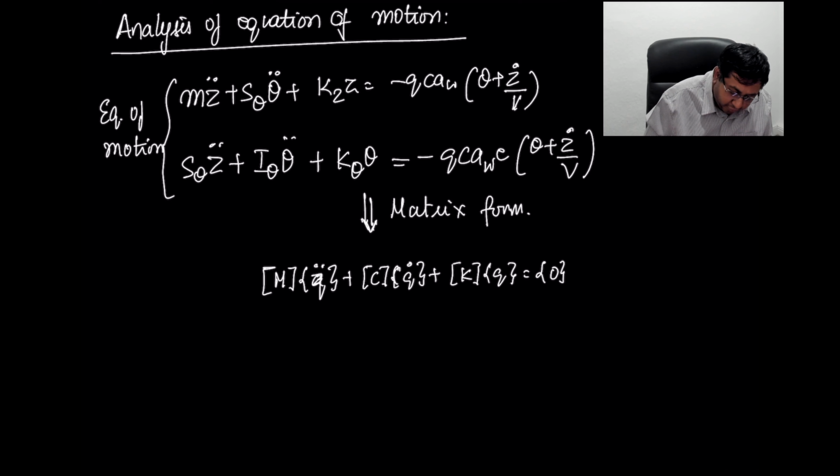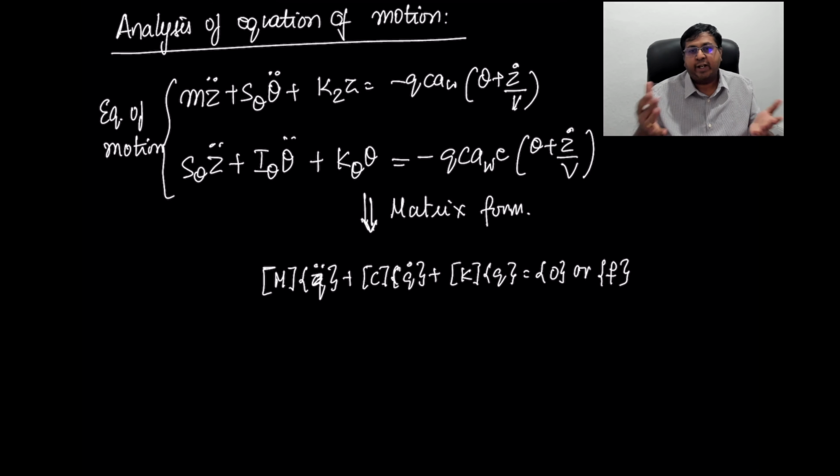If there was some forcing function, then this would be some F, for example. Some force is acting on the system, with the mass matrix, the damping matrix, the stiffness matrix, the generalized coordinates, and the forcing function, or if it's a free vibration, then it's 0, right?